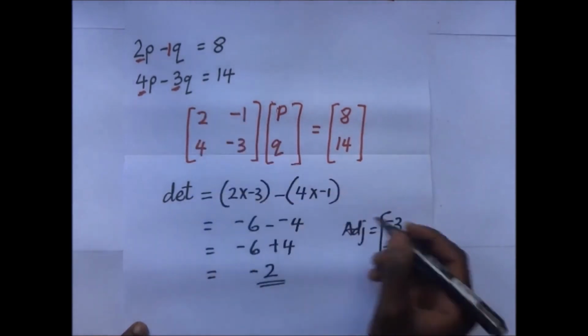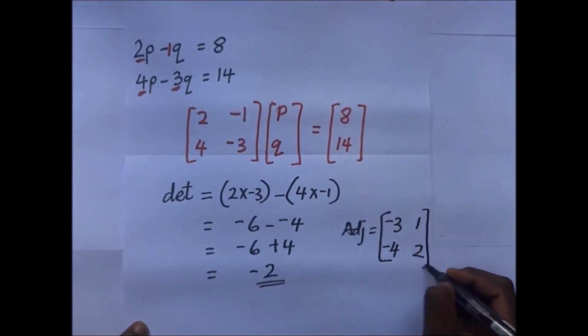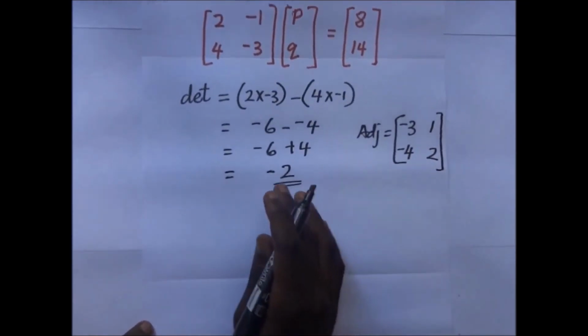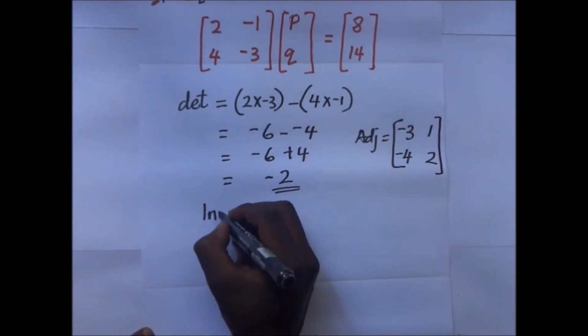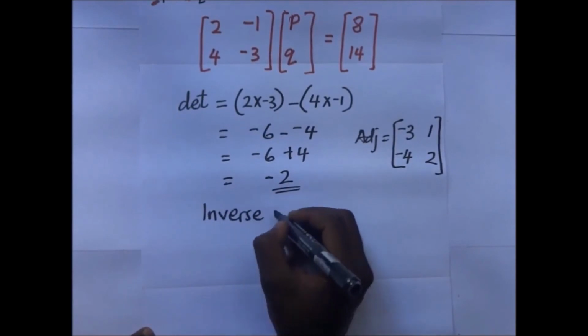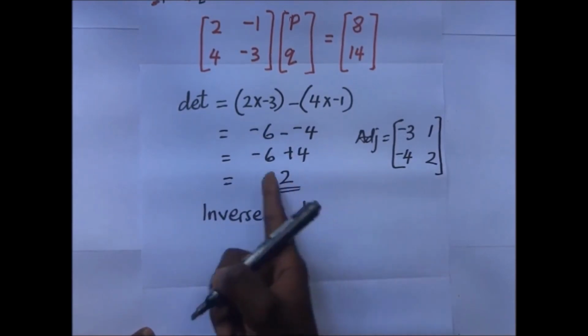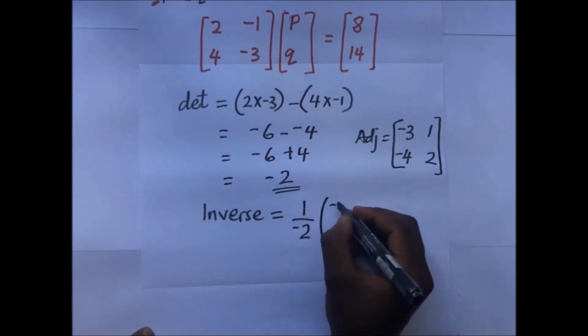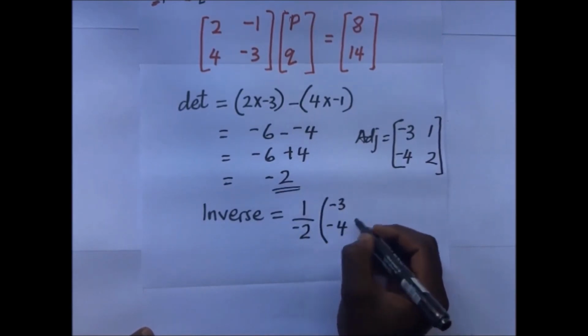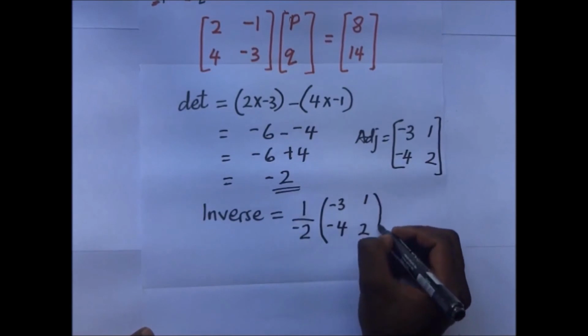Negative 1 times negative 1 is 1. So it means that the inverse of the matrix is going to be 1 over the determinant, which is negative 2, times the adjoint, which is negative 3, negative 4, 1 and 2.